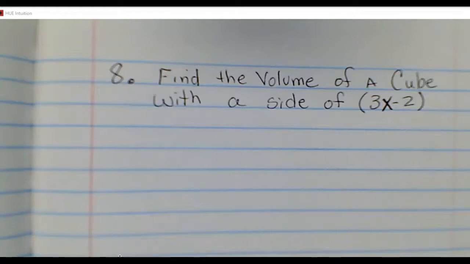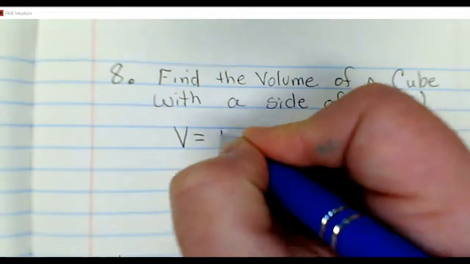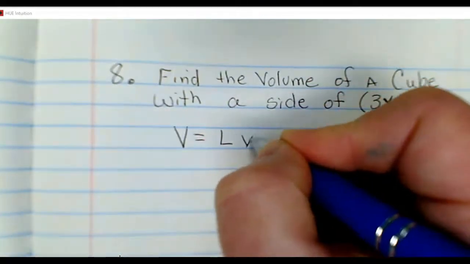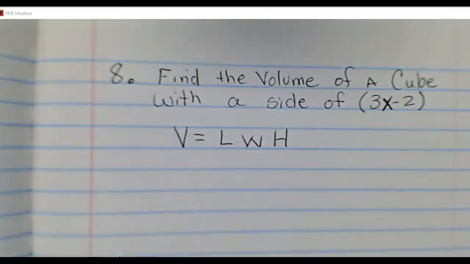Do we know how to find volume? Do we know that volume is length times width times height for any kind of rectangular prism, any kind of box? But if it's a cube, the length and the width and the height are all the same.